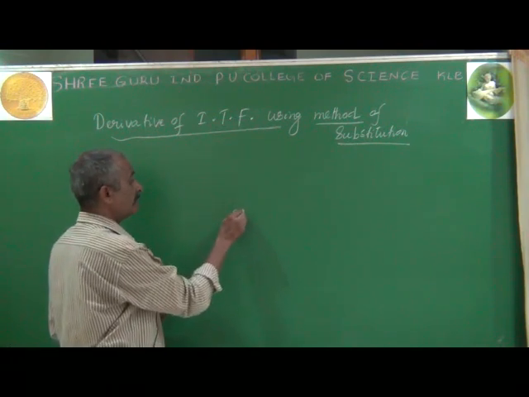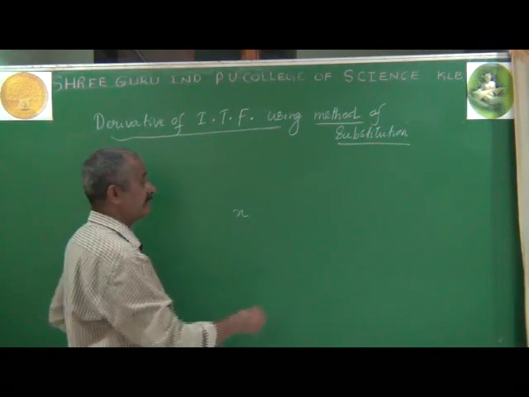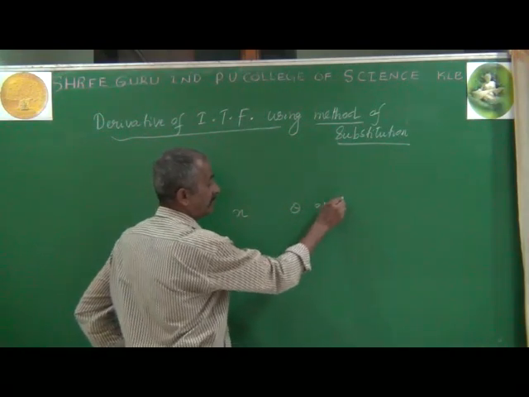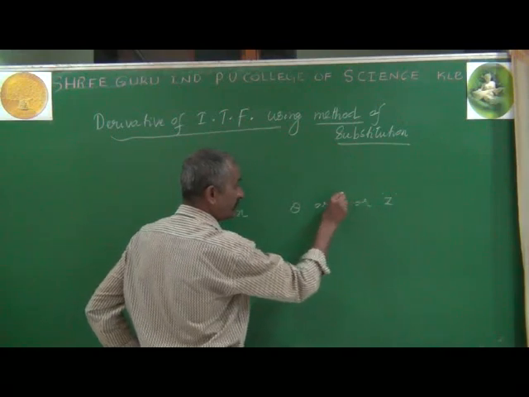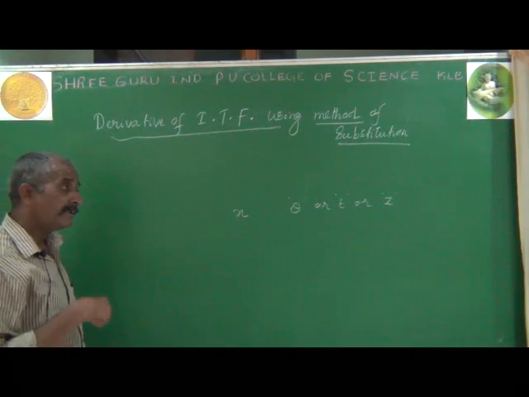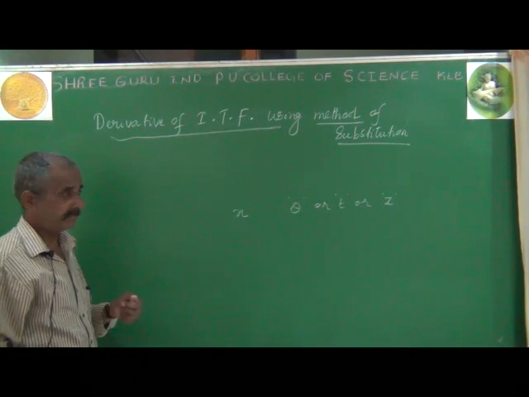Suppose your given variable is x, you must take the substitution in terms of theta, or in terms of t, or in terms of z, whichever you desire, that variable can be taken, but in the form of a suitable functional expression.